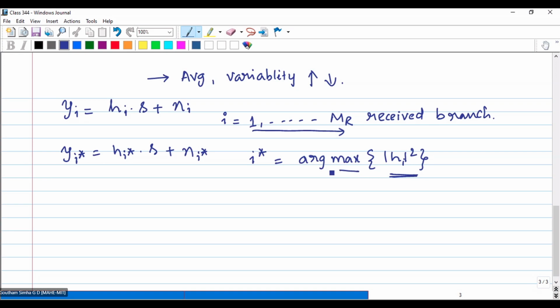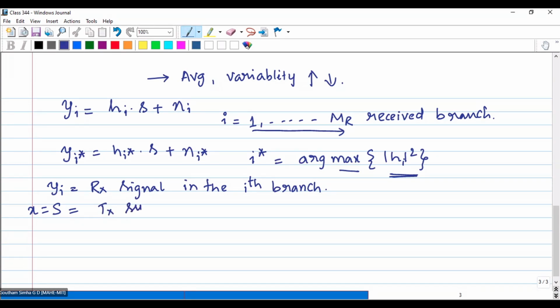Now y_i, you have to remember this, y_i is the received signal in the ith branch. Now what does it mean? For all values of i equal to 1 to M_R, what is y_i? That you have calculated, that's all. Now s or x, generally it is x or s, is the transmitted symbol.